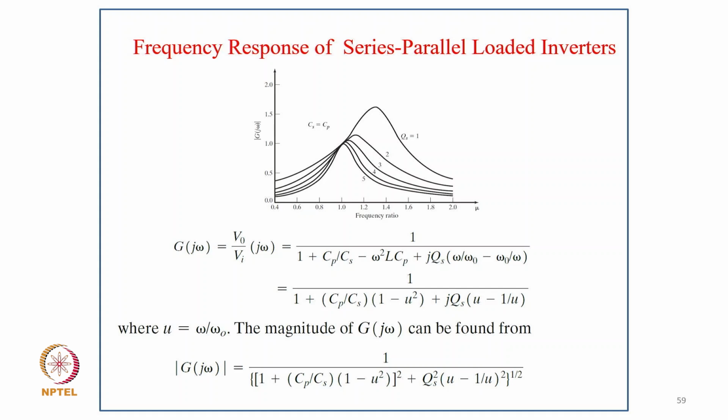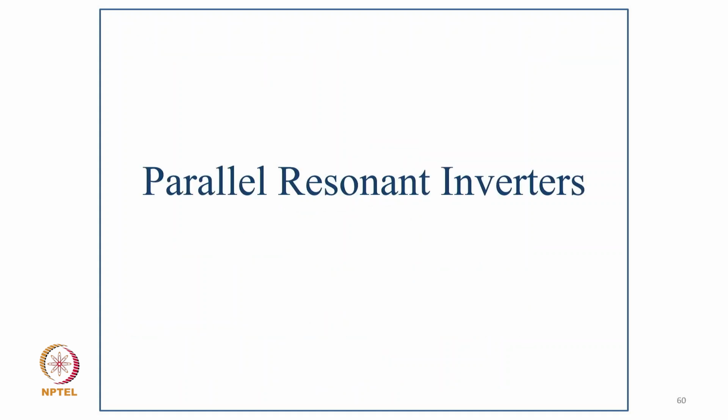The magnitude of G can be found out: |G| = 1/√[((1 + Cp/Cs)(1 − U²))² + Q²(U − 1/U)²].